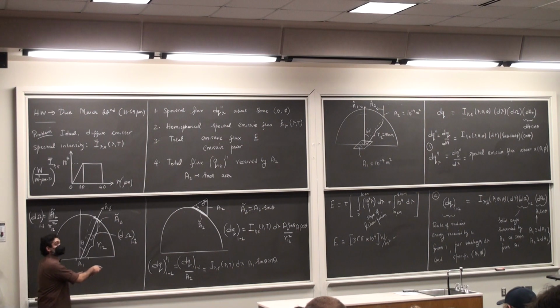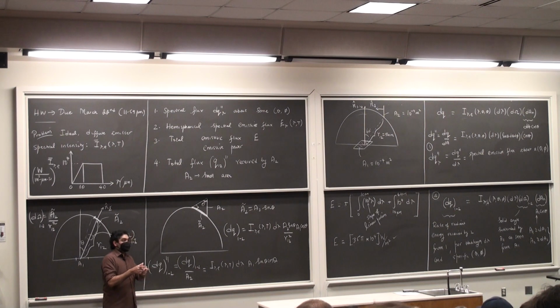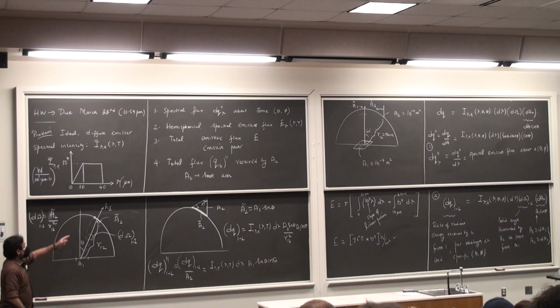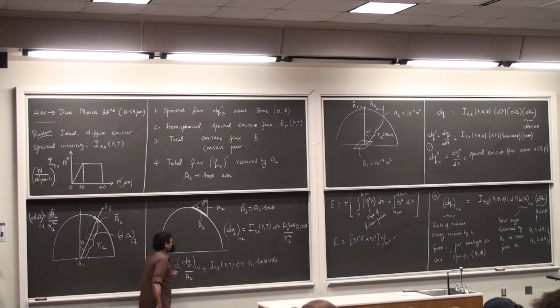What is this character? This is the flux received by A2, sent by the area A1 for a fraction of the wavelength d lambda. What do we want? We want the total flux received by A2, which means I have to now integrate this expression throughout the wavelength range from 0 to infinity, and that's the last part here.